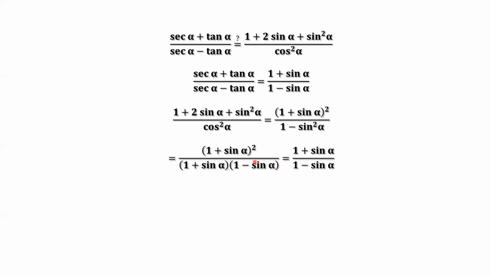Now we can see the numerator and the denominator have the same common factor, 1 plus sine alpha. We can cancel 1 from the numerator. You have 1 left. And the denominator, this one was canceled. 1 minus sine alpha is here.